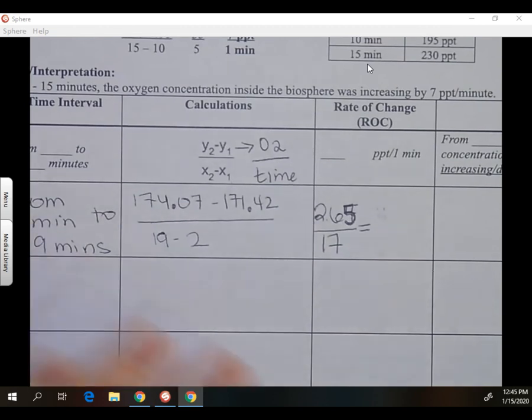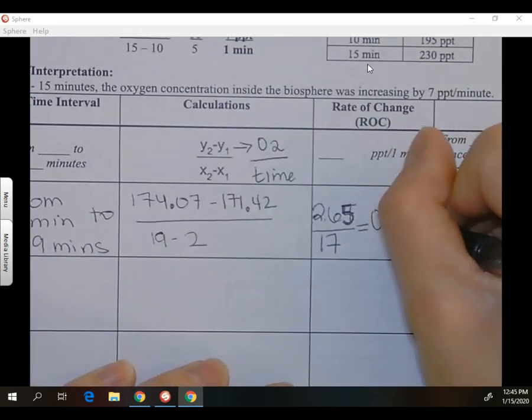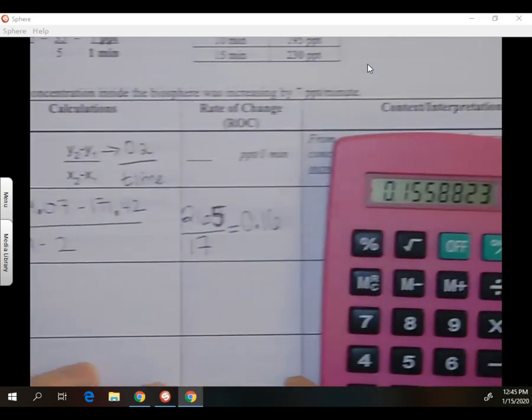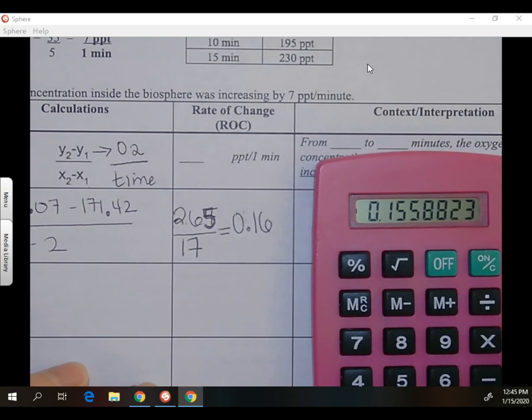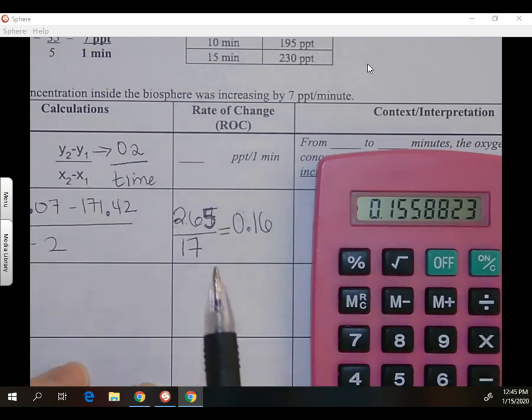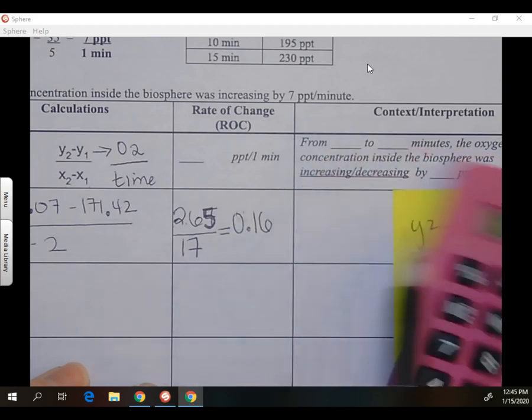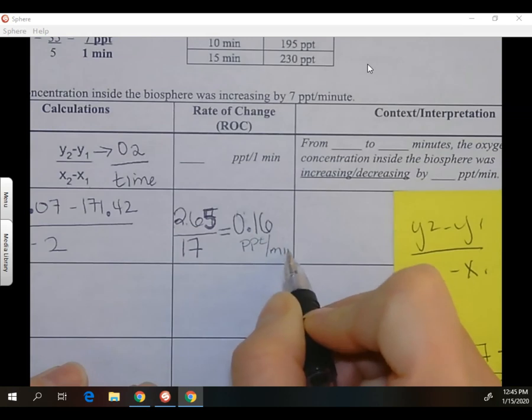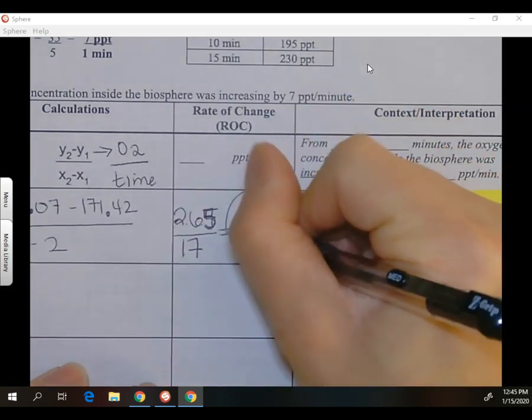Yeah. Okay, that's what I got as well. So when I put this into my calculator, I get 0.1558823. So I'm rounding this to 0.16. And then my units are PPT per minute. So this is my rate of change.